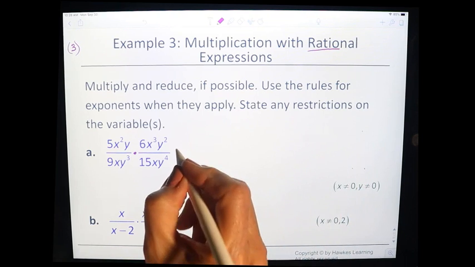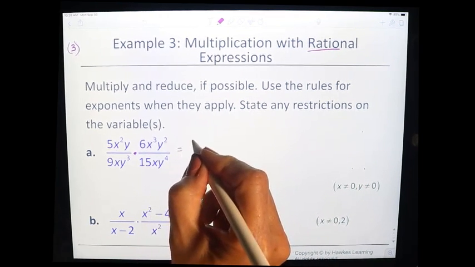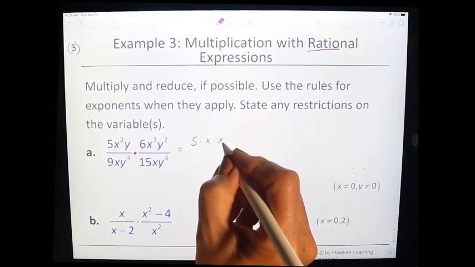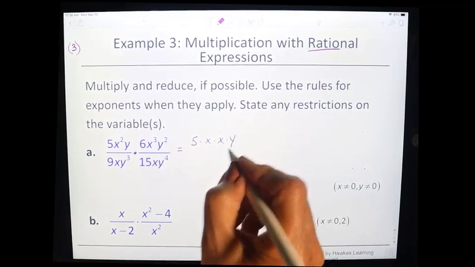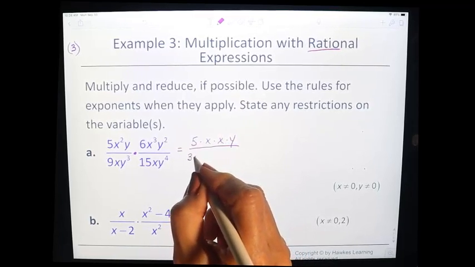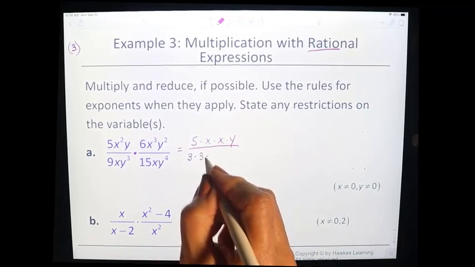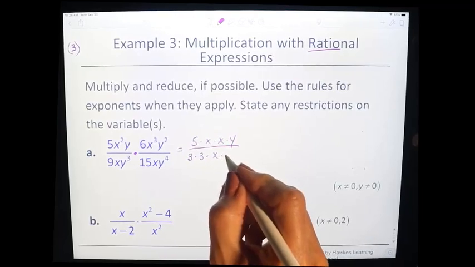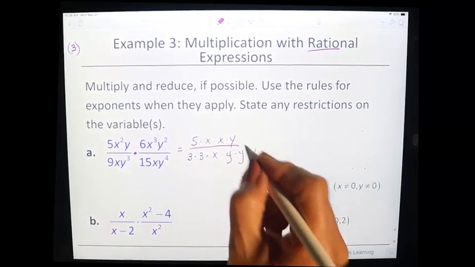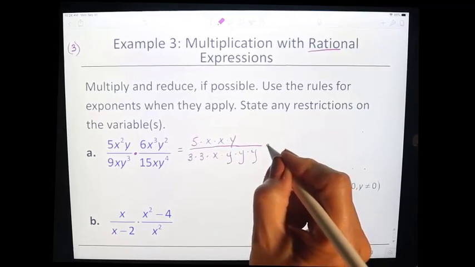So the way I like to handle this one, and you'll get comfortable so you can do most of this in your head without having to write it out like I'm going to do. But I like to get everything down to prime factors, that is, factors that are only divisible by 1 and itself. There's the times.